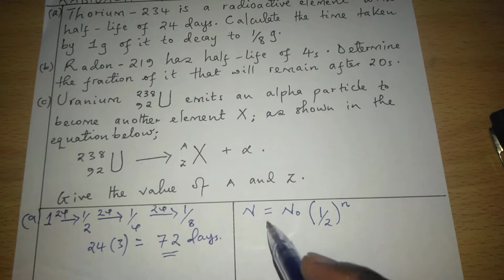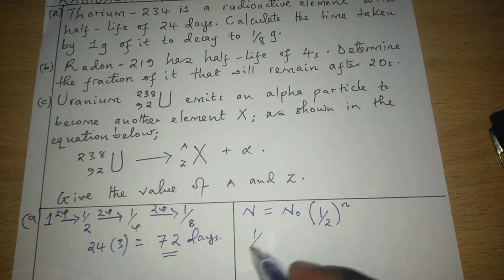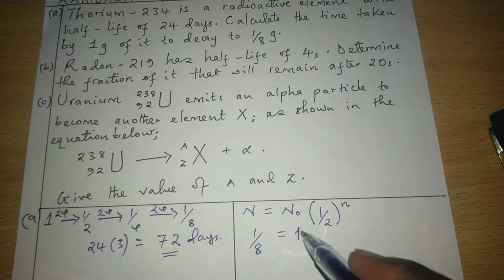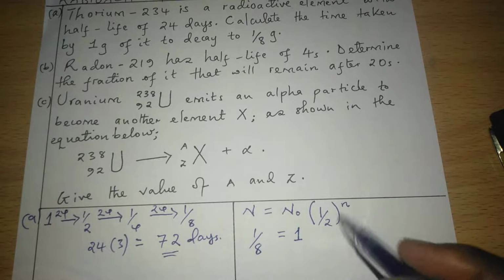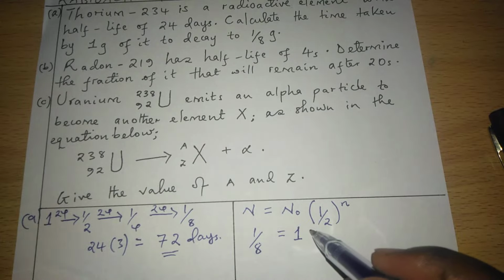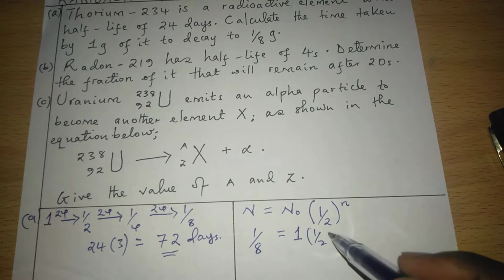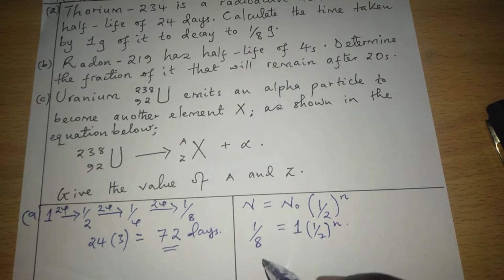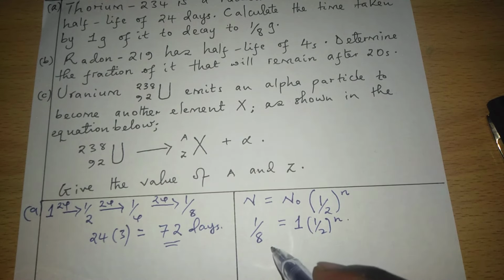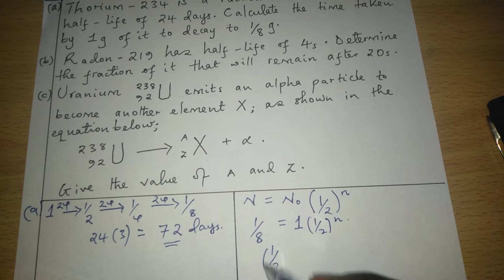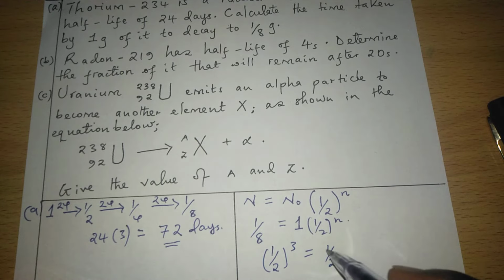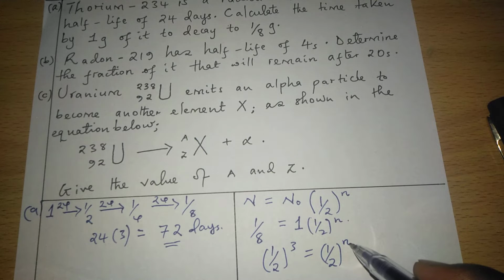We want the decay to occur until the remaining fraction is 1 out of 8, starting from when the gram is full. So we can express 1 out of 8 in terms of half, and this is half cubed, which is equal to half power n.